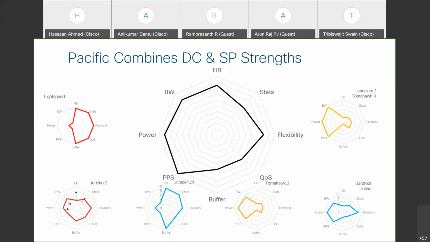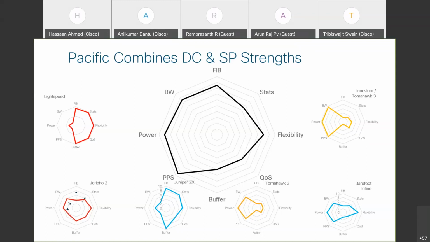Lightspeed has a strength with regard to table sizes. It has good stats and good buffers available for the stats. It is flexible with regard to what profiles you can add on it or new features you can develop on it. It has very granular QoS support, and it has large buffers. But with regard to bandwidth and packet processing capability, it is on the lower side. Plus, on power usage, it is a little bit on the higher side.